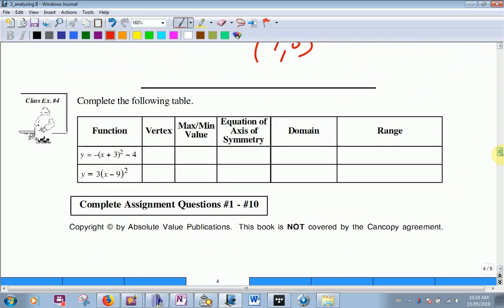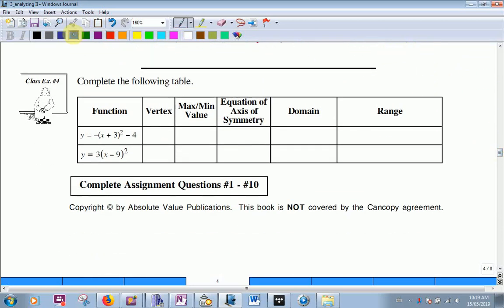Another table. Compared to y equals x squared, we're just jumping right into it. What's the vertex? What kind of form is this? It's vertex form. That tells you what the vertex is. The vertex is (p, q).